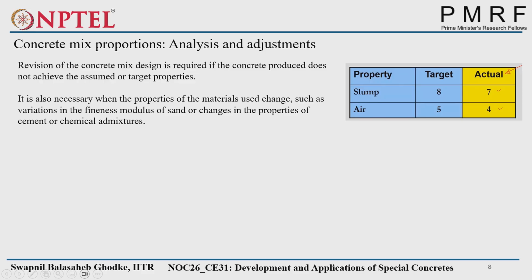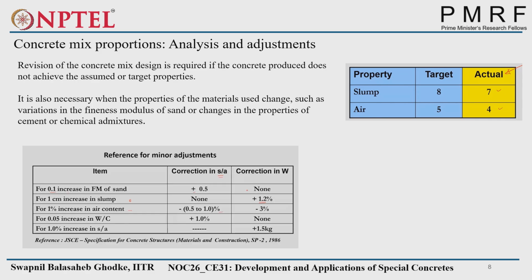So you see, this is the property, target and actual. Slump value target is 8 centimeter, but we are actually getting 7. Air target is 5, and we are getting 4. For that purpose, from the lecture I have taken this table, from the Japanese code.